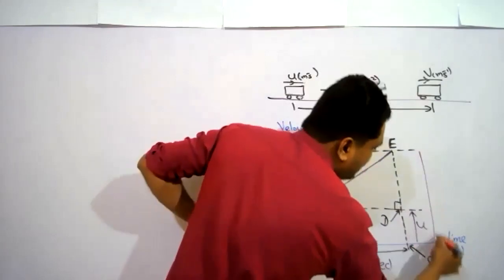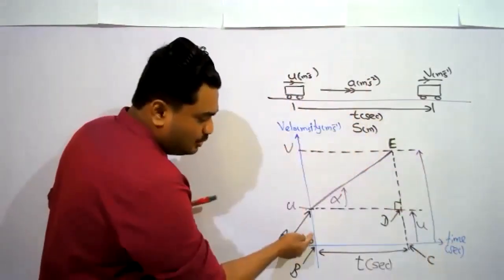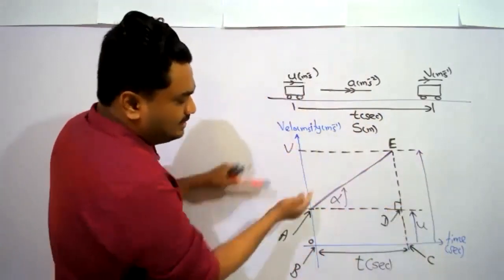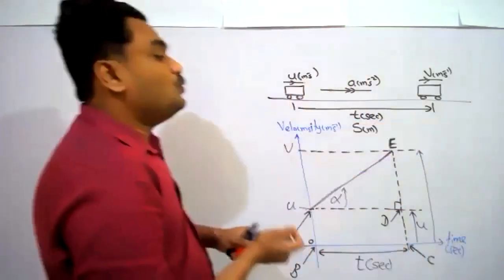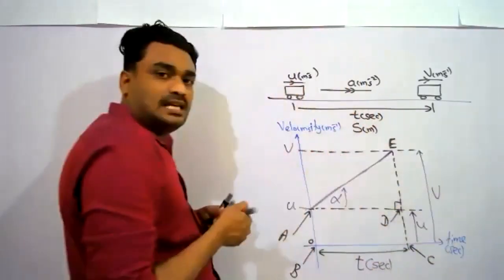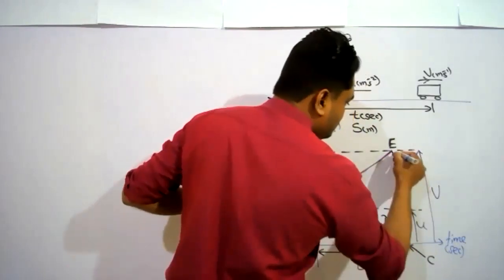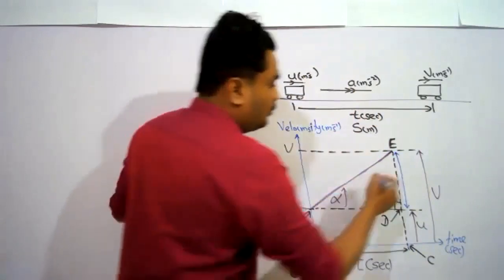What is this height there? This is 0, this is v. Therefore this height is v. Very good. If this is u and this is v, then what should this height be? v minus u.